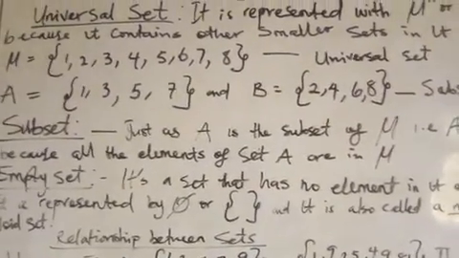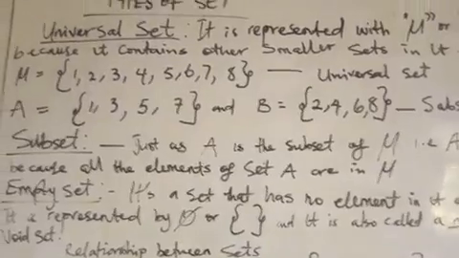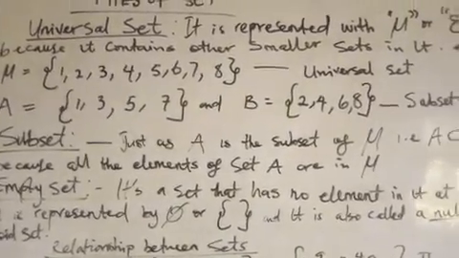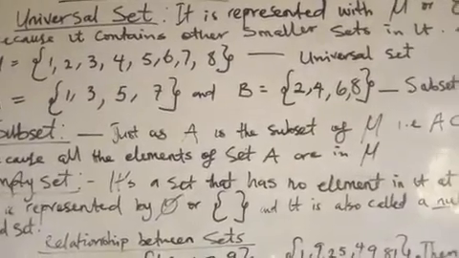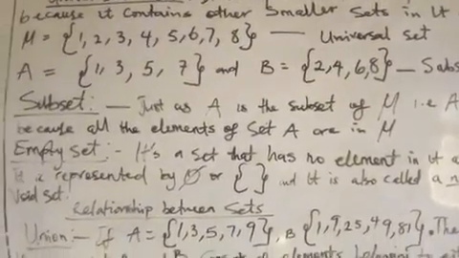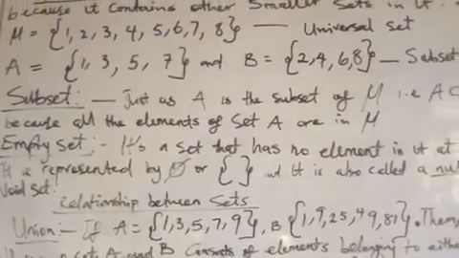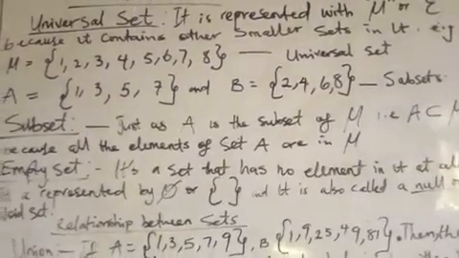So the universal set encapsulates all other sets, the subsets, into its own domain. You understand? So that's basically what a universal set means.